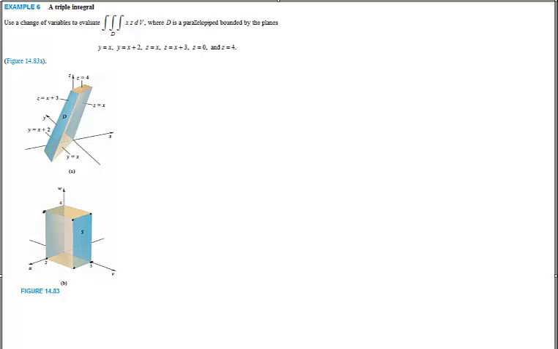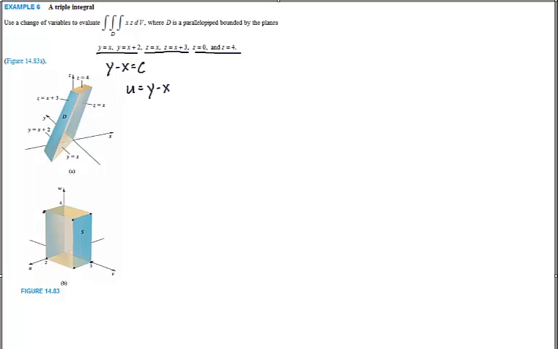Alright, here are our boundary planes. Let's look at this pair, then this pair, then this pair. If I was going to rewrite this one, I might say that it is some y minus x equals c. So let's let this be u equals y minus x.